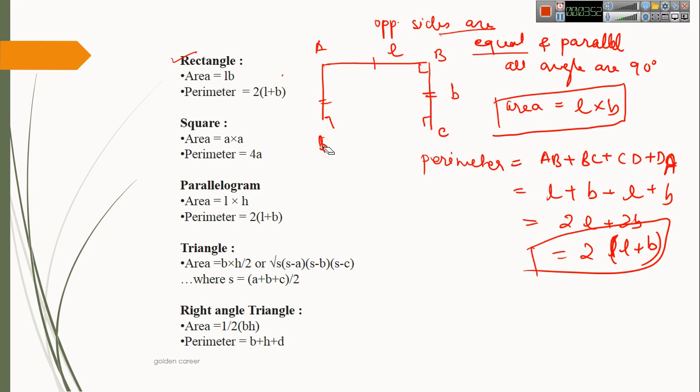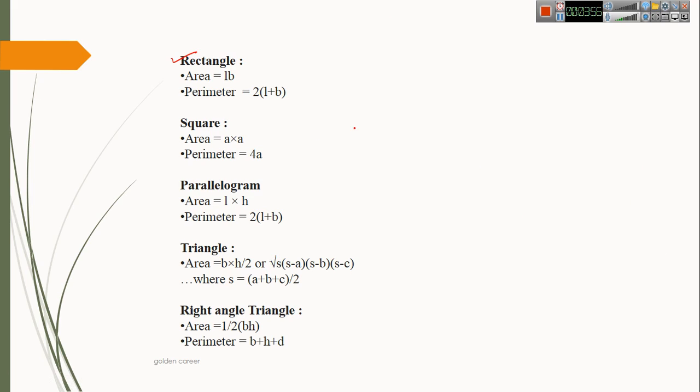Now we will see about the square. A square can be considered a special type of rectangle. Here all the angles are 90 degrees as in a rectangle, but the speciality is that all the sides are equal.